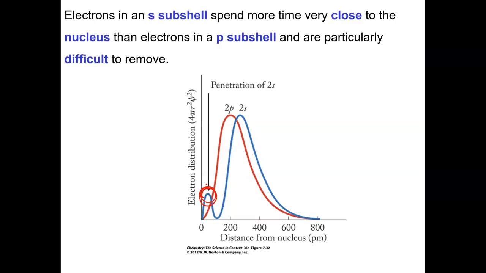If we look at the electron radial probability distribution, we can see that the 2s penetrates closer to the nucleus than the 2p. And so what this means is that the 2s electrons, and s electrons in general, are going to be quite tough to remove in comparison to p electrons that are in the same shell.